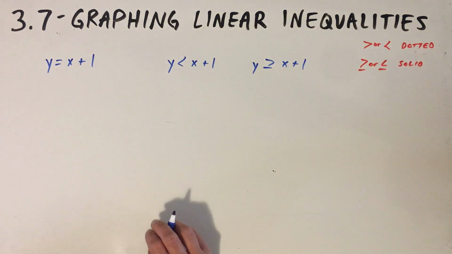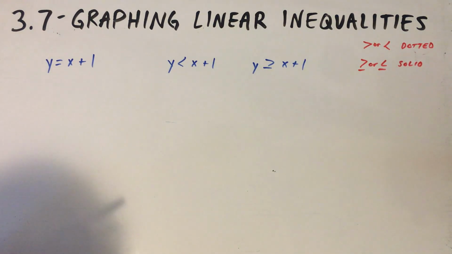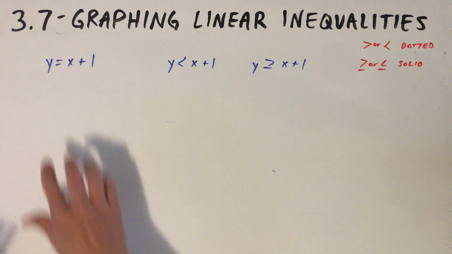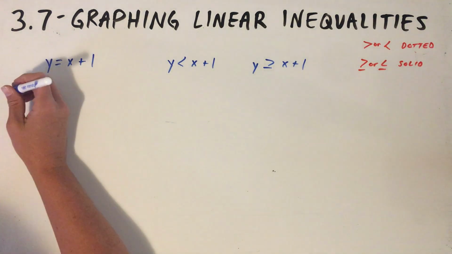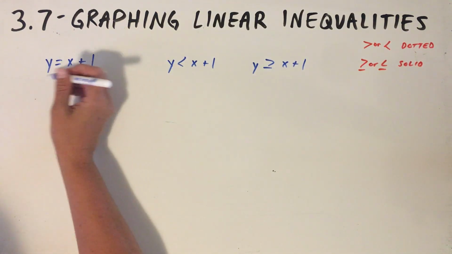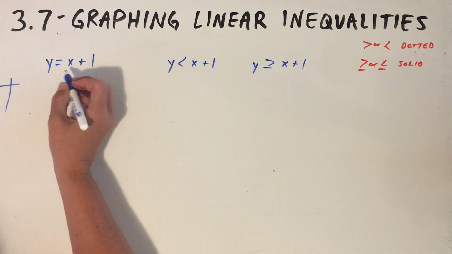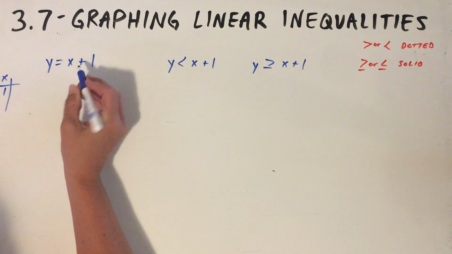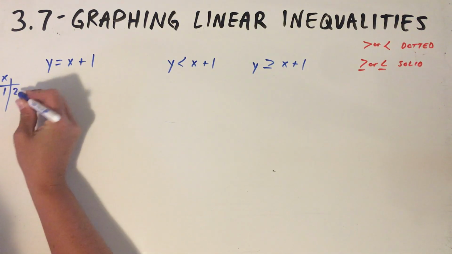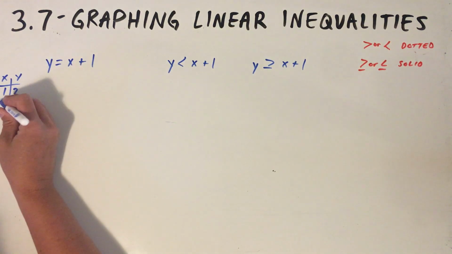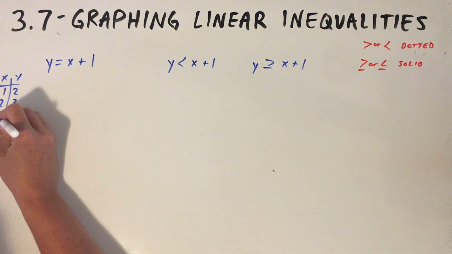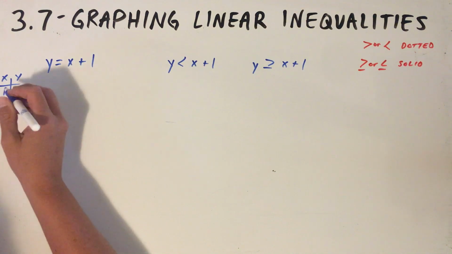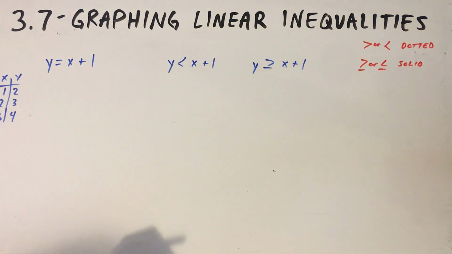Well, again, this is just like how inequalities are different than equations. If I were to graph this line, there's a bazillion points that lie on this line. If x was 1, then 1 plus 1 is 2, so y would be 2. If x was 2, then y would be 3. If x was 3, then y would be 4, and I could continue on forever.